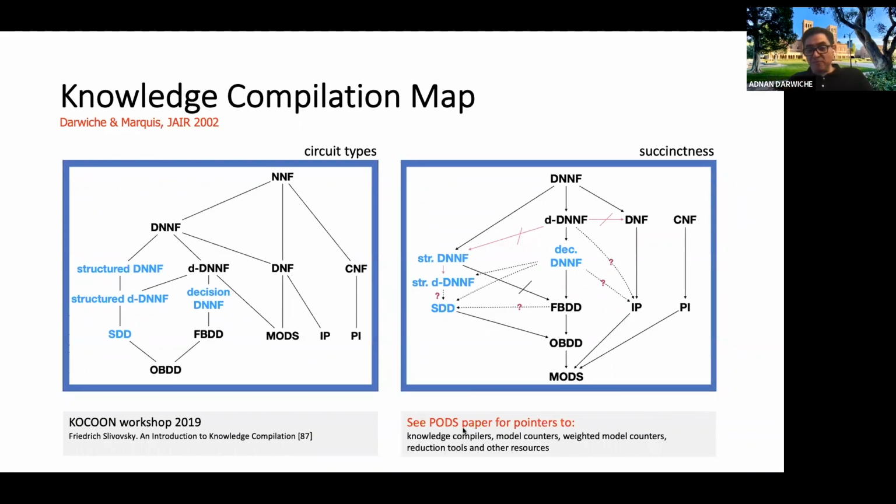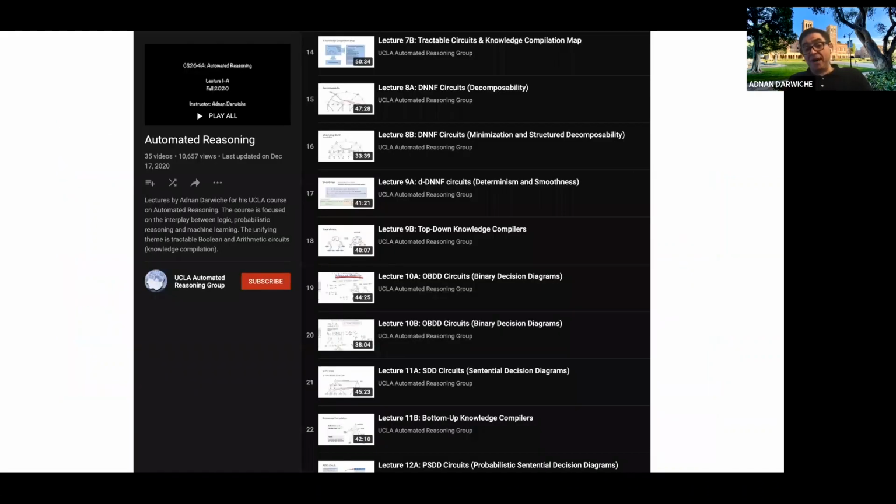I'll give you a few pointers, if you want to read more about these circuits. A recent survey paper appeared in PODS, which goes with the tutorial I gave there. This is the database theory conference. This is just from last summer, so it is pretty current on what's going on there. I recently posted an online graduate course, which discusses these in detail. You can see some of the lectures.